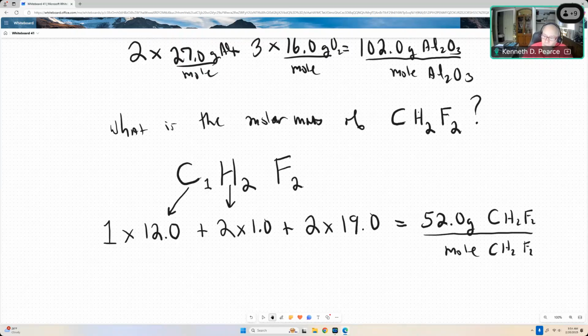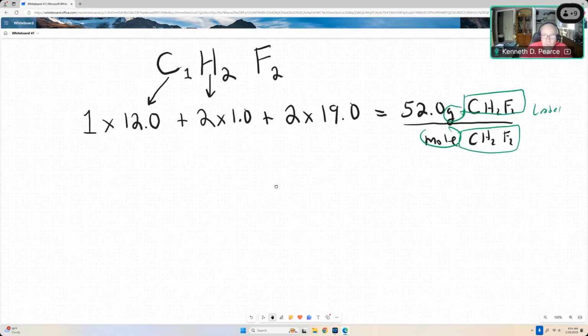Okay, so one thing we do need to do is it's not just grams. We got to make sure we put grams of that and moles of that. Let's label them, because it's going to be important in a little bit that we make sure it's labeled. Okay, let's do another one.